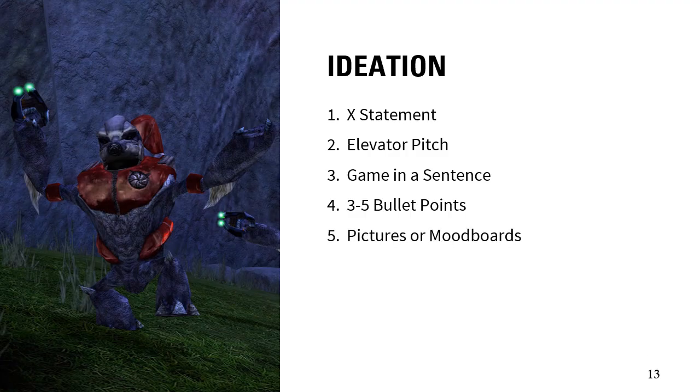Pictures or mood boards are always helpful, and I enjoy the game X meets game Y format just to quickly and succinctly put an idea in someone's head. I find that mind maps are also useful to explore themes and gameplay connections. You basically want to get as many ideas down in as short an amount of time as possible, with little validation or critical evaluation of the effectiveness. That would come later.